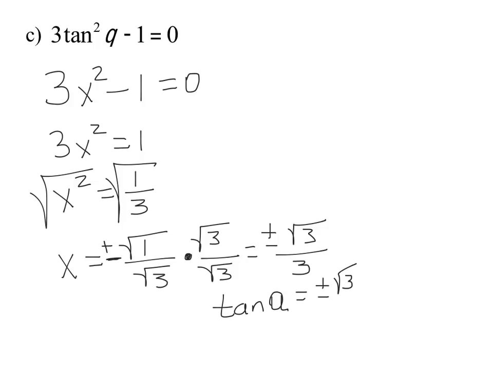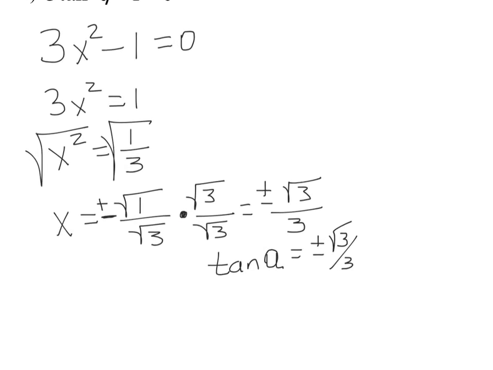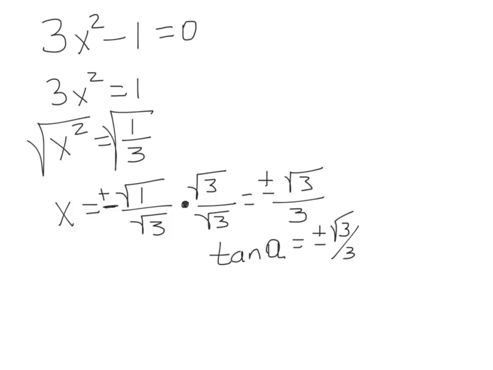So where does that happen on my unit circle? You want to look at your unit circle, and you want to write down all the angles where tangent is plus or minus root 3 over 3. Well, that's going to be in every quadrant. In quadrant 1, that value is pi over 6.